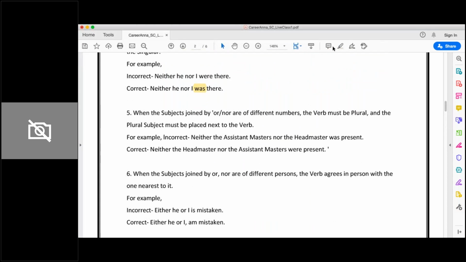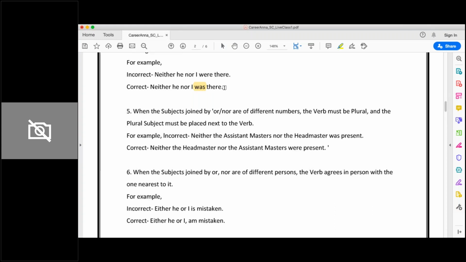Now here comes the situation Bharat was asking about, when my subjects are plural or of different numbers. When my subjects are joined by either-or, neither-nor, or nor, and even if one of the two subjects is plural, or both the subjects are plural, my verb will be plural.